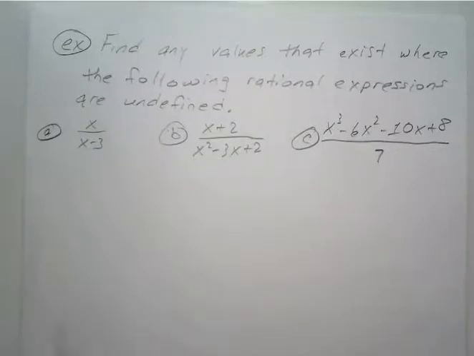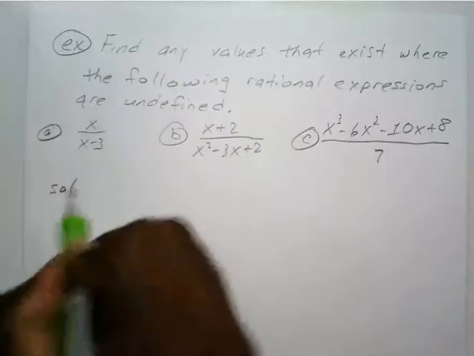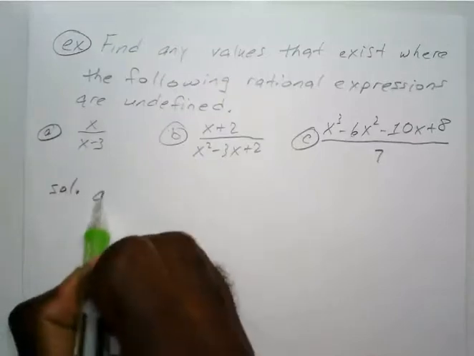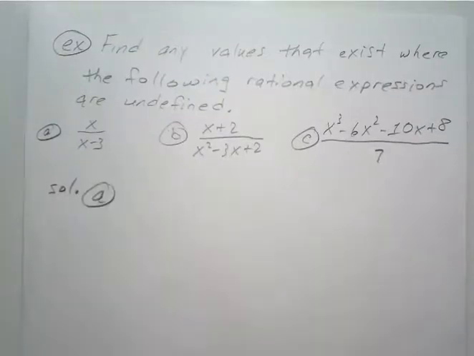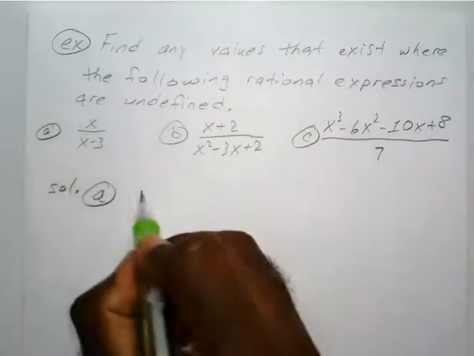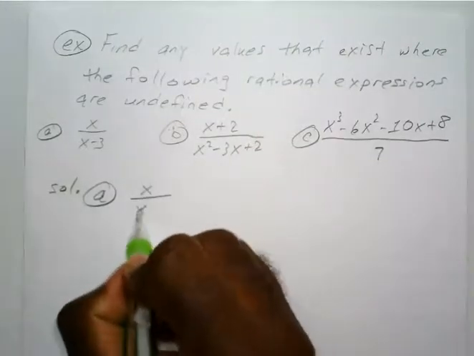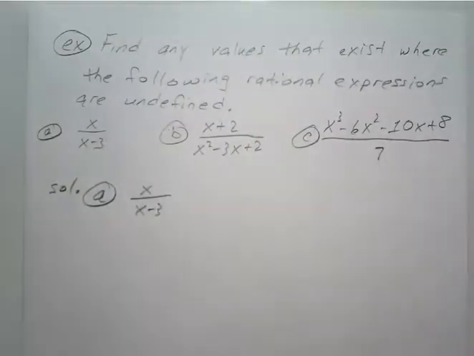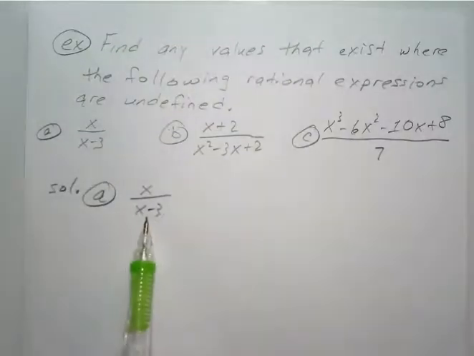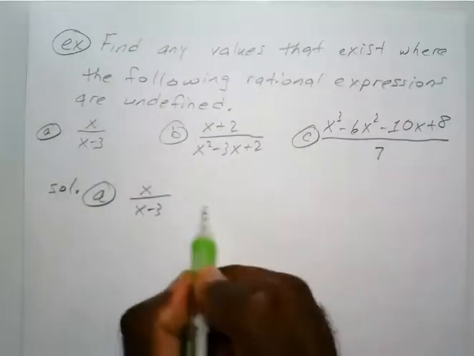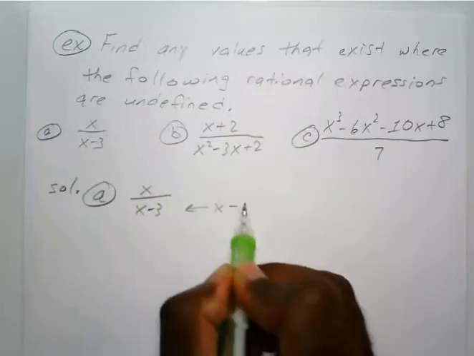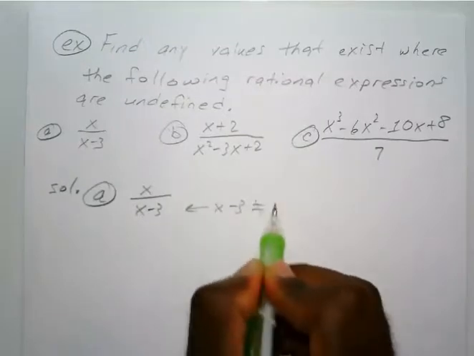Let's start with problem A. If we have x over x minus 3, the one thing we know for sure is that the denominator cannot equal 0. So that means x minus 3 cannot equal 0.